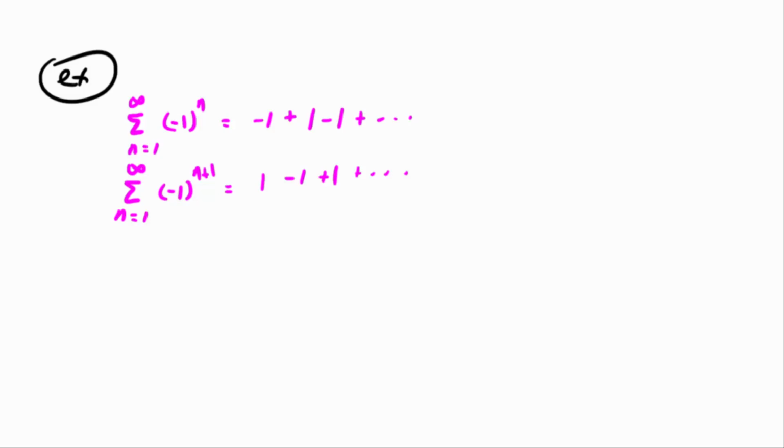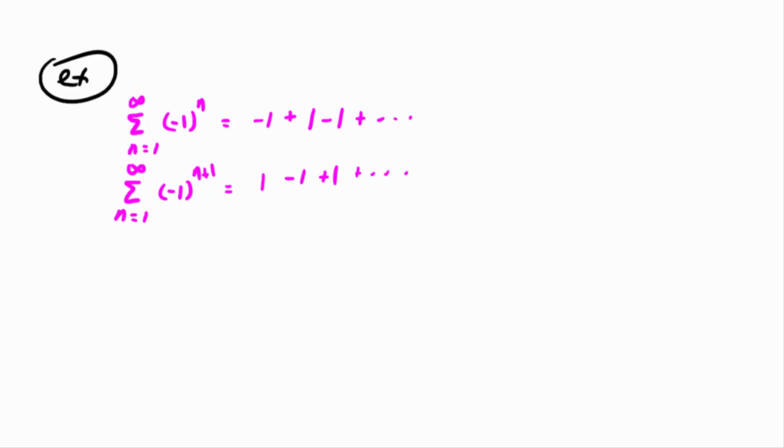Now, if you look at the partial sums, S1 would just be negative 1, right? S2 would be negative 1 plus 1, which would be 0. S3 would be negative 1 plus 1 minus 1, which would be back to negative 1.